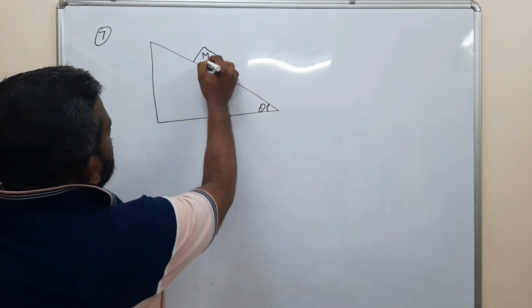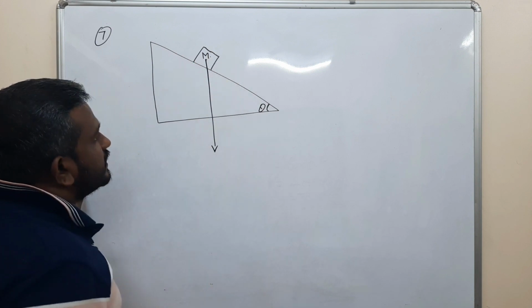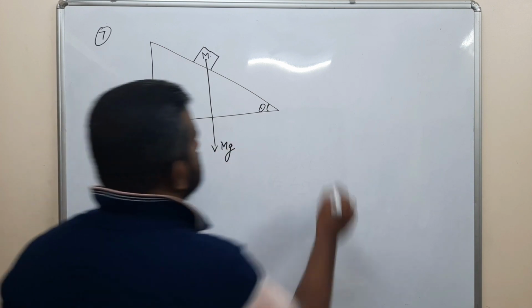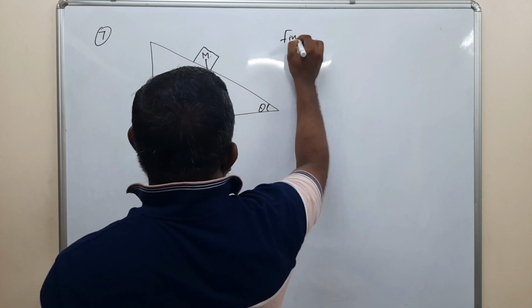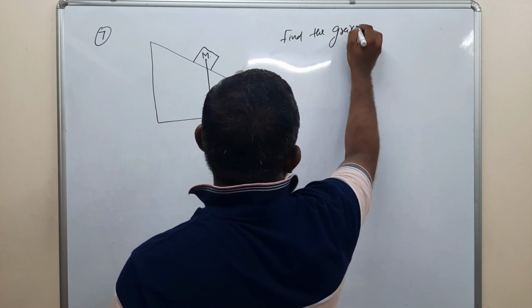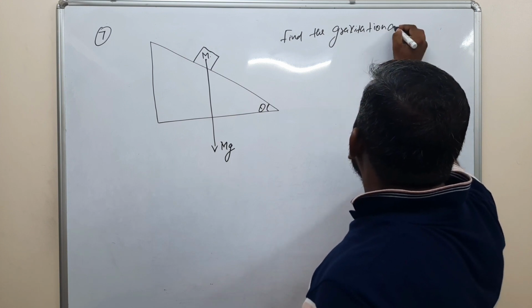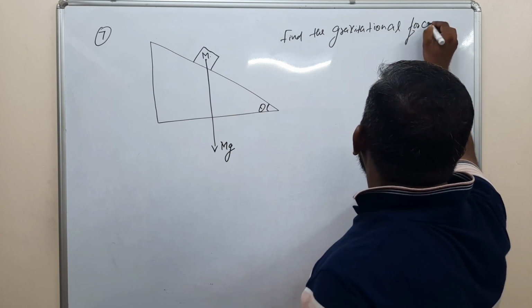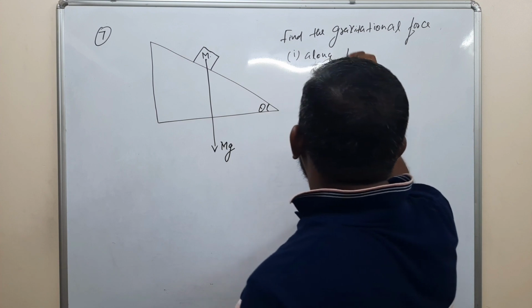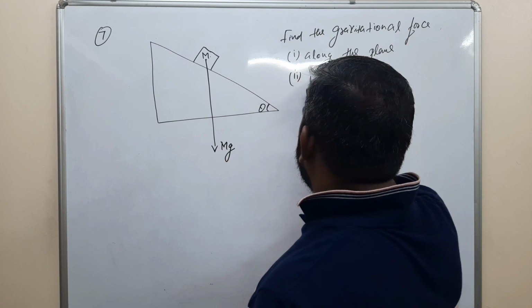So what force is acting here? That is the gravitational force, that is mg. Am I right? So find the gravitational force, one, along the plane, and two, perpendicular to the plane.